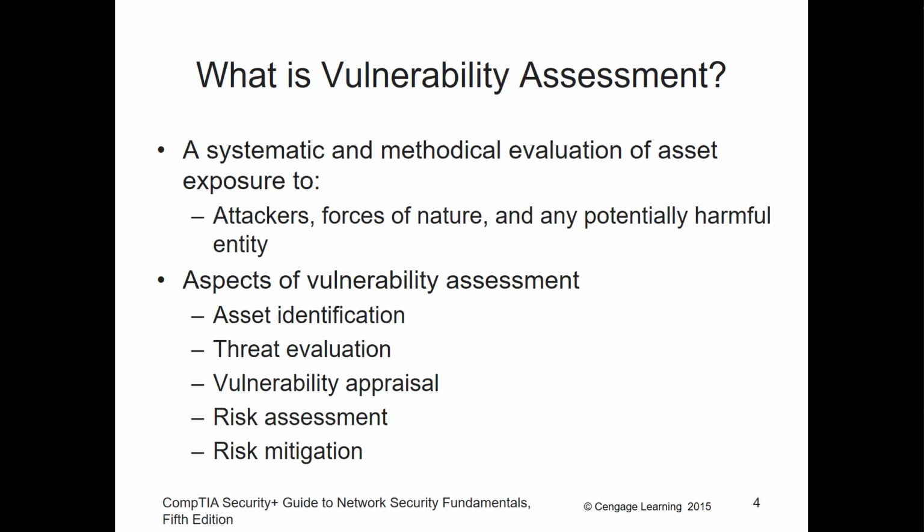The aspects of a vulnerability assessment include asset identification, threat evaluation, vulnerability appraisal, risk assessment, and risk mitigation. Risk is going to make up a huge portion of the vulnerability assessment, as we are looking at evaluation of exposure.